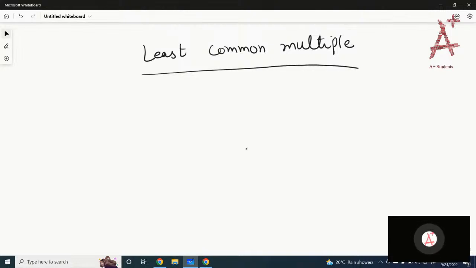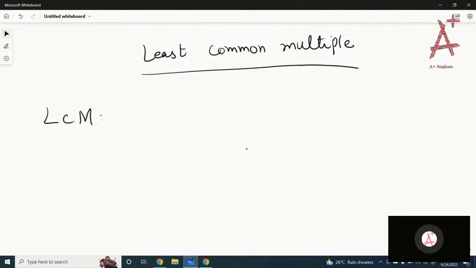So make sure you have a notebook and a pencil so that you can write down the important definitions. I'm going to write the definition of the least common multiple on the board, or you can say LCM. LCM is just a short form for least common multiple. So note down the examples and the definitions, they are very important.